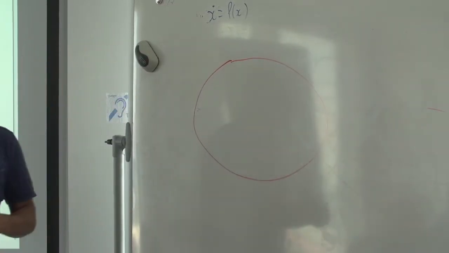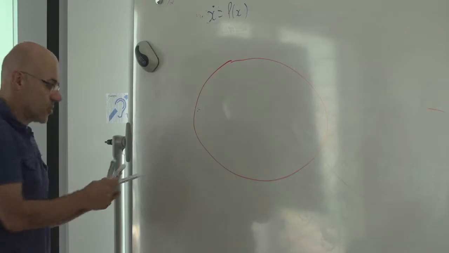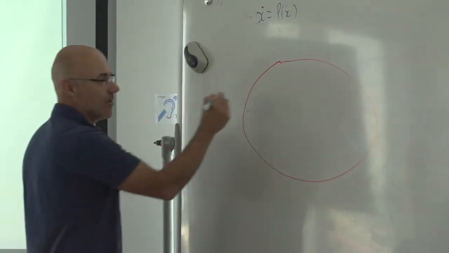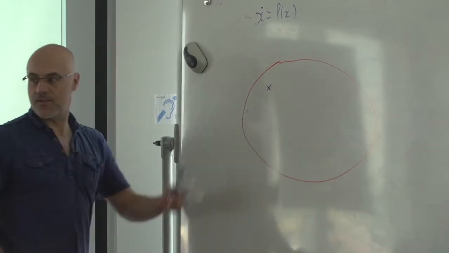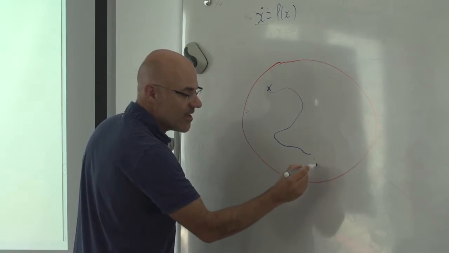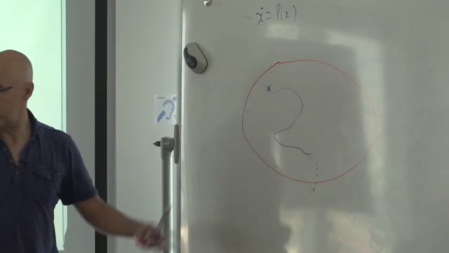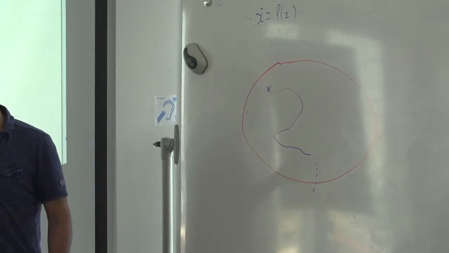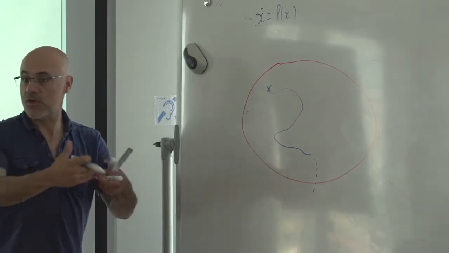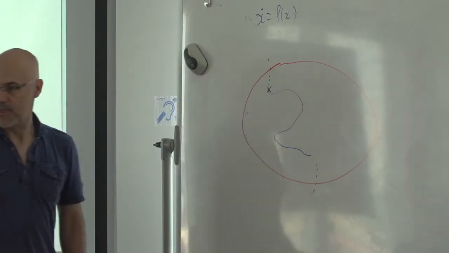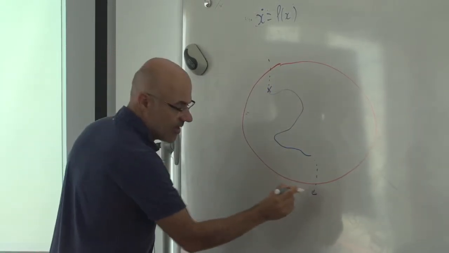This set is said to be invariant with respect to this differential equation if once I am in the set, I will stay there forever. I will never go out. In this case, I say that this one is an invariant set. A positive invariant set, because in the future, never this happens, though maybe in the past I came from outside.